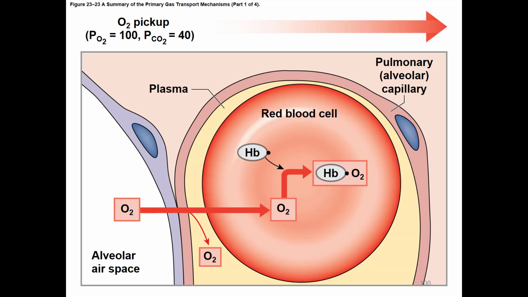So here's a summary of oxygen pickup. Here's our alveolus, here's our capillary bed, here's our plasma, and our red blood cell.